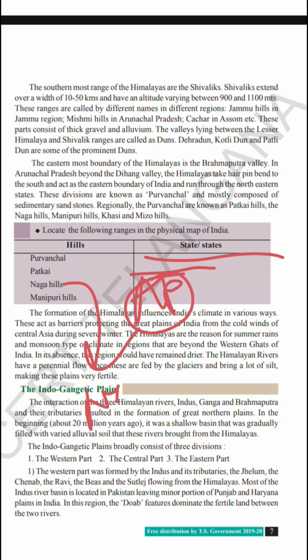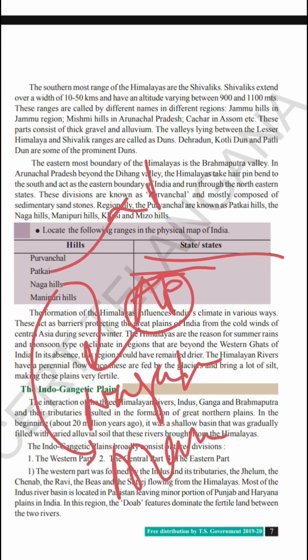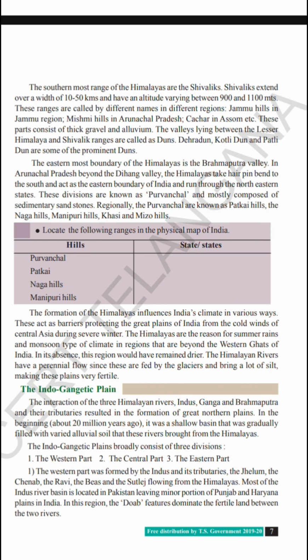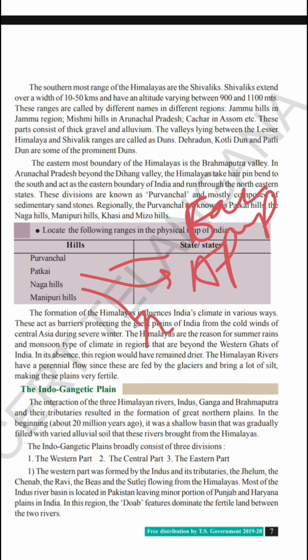And Naga Hills, obviously you can find out it is Nagaland. Manipuri Hills are in Manipur. And one more thing is, the Patkai Hills are forming the border of India and Myanmar, also known as Burma. Okay, so up to here it is clear to everyone that Purvanchal is eastern Uttar Pradesh, Patkai is Arunachal Pradesh, Naga is Nagaland, Manipuri is Manipur.